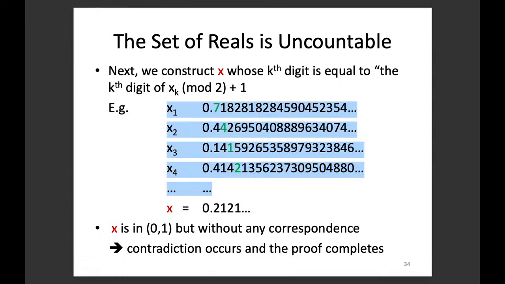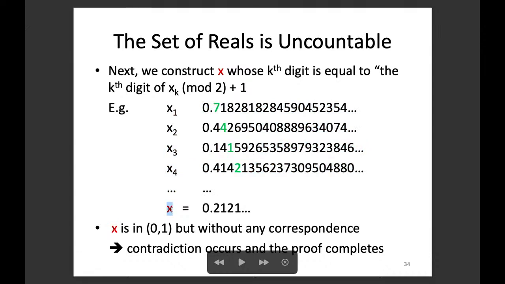We are going to construct a number, let's call it x here, such that I want this x to be special. I want the first decimal place of x to not be the same as that of x1. I want the second decimal place of x to not be the same as that of the second number we are listing, x2. The third decimal place is not the same as the third decimal place in x3, and so on and so forth.